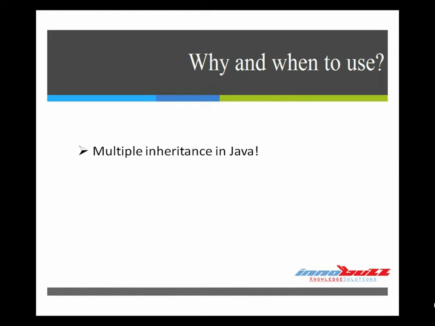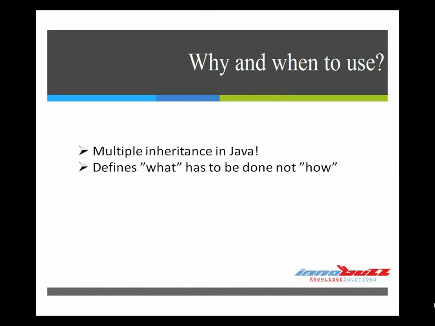So normally in Java language, there is only single inheritance, so we can extend only one class, and this way it provides us some kind of multiple inheritance through the interfaces.